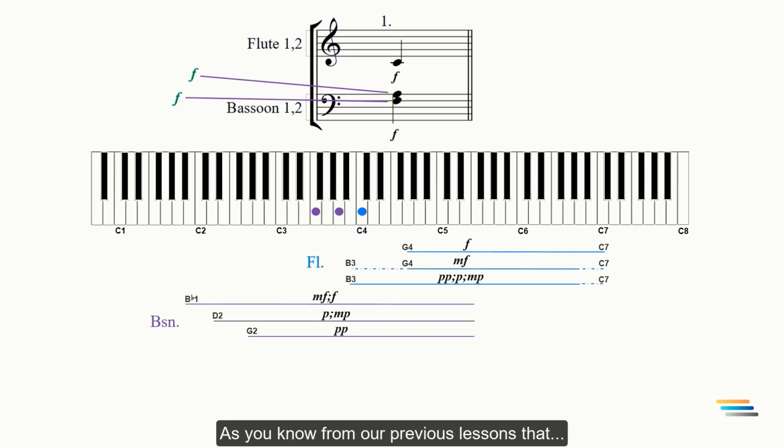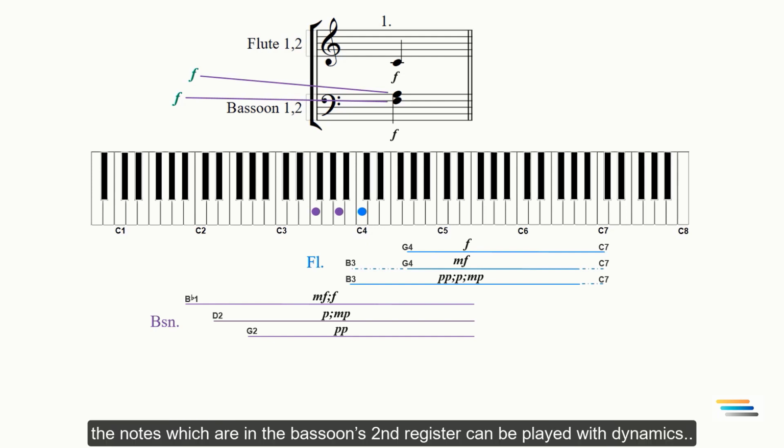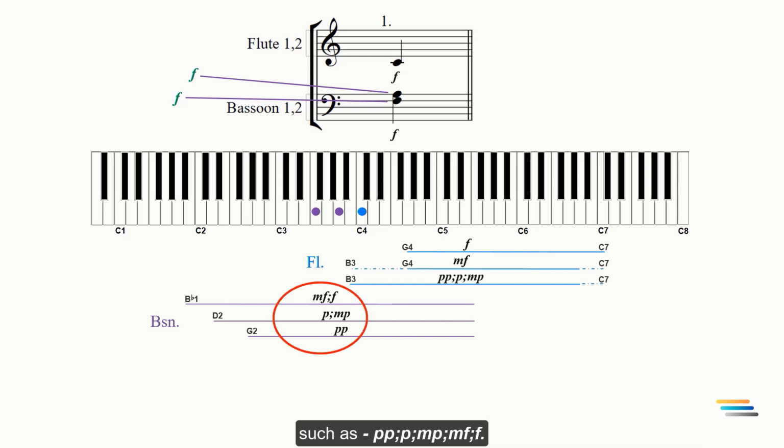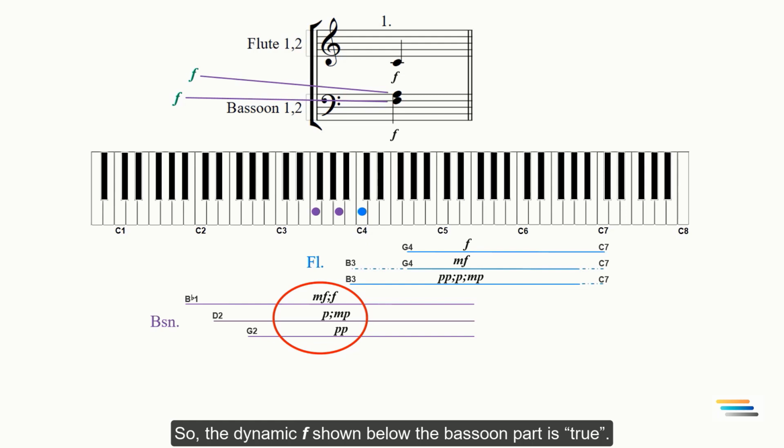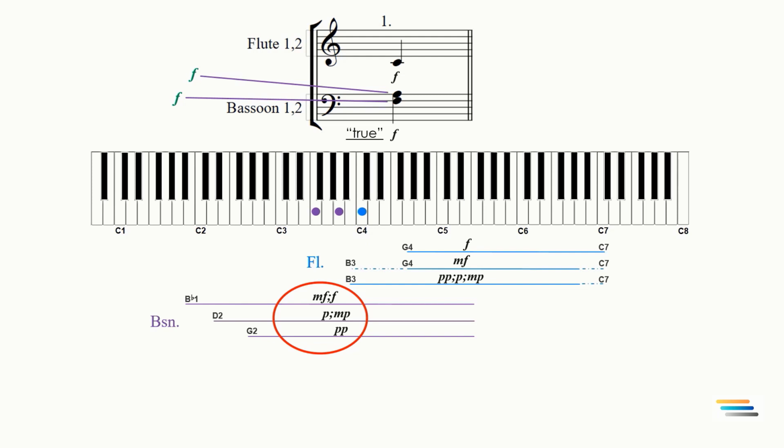As you know from our previous lessons, the notes which are in the bassoon's second register can be played with dynamics such as pianissimo, piano, mezzo forte, and forte. So the dynamic forte, shown below the bassoon part, is true.